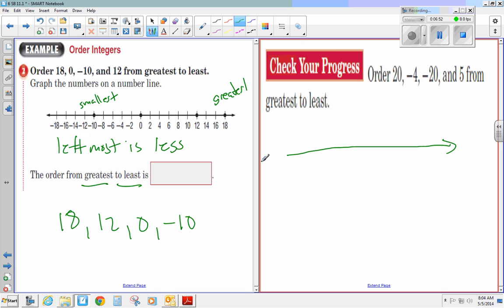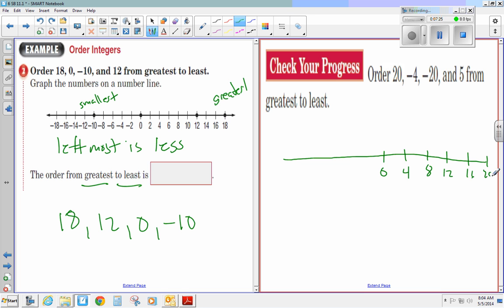This time we have to come up with a number line. I don't know if I can make enough lines here. Let's make my scale a little different. Let's start at 0 and let's go up by 4s. 4, 8, 12, 16, 20.